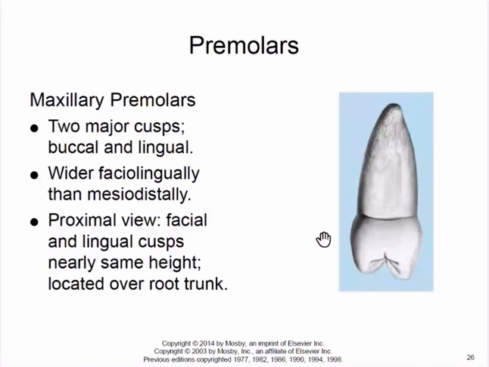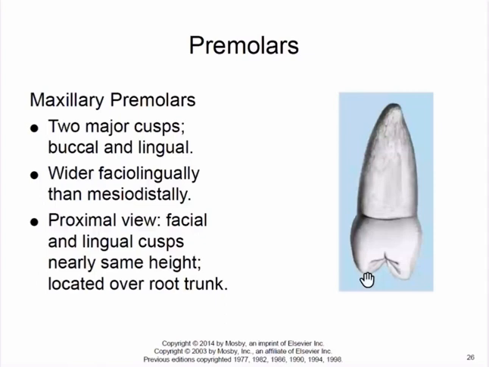We say nearly the same height because we have more difference in the first premolar compared to the maxillary second premolar. Why do we say this? Because it is different from the mandibular premolars, where it is uneven. The cusps are functional and non-functional, whereas here mostly they are equal in size.